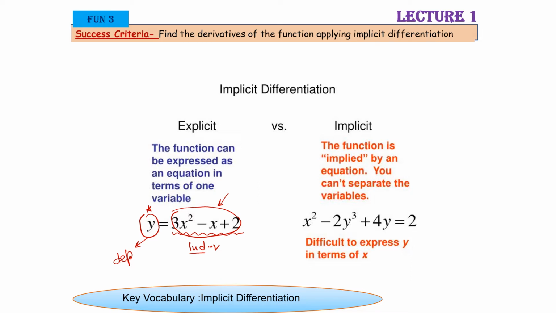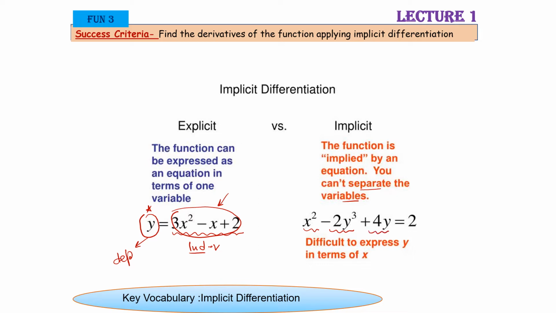Whereas in implicit functions, the function is implied by an equation, but you cannot separate the variables, which means that y and x are written on the same side. So here you can see that on the left hand side the variable x is written, and also the variable y is written.